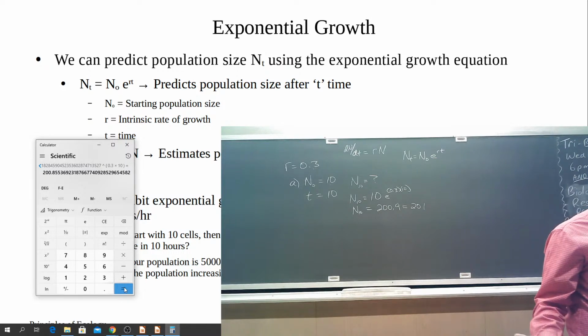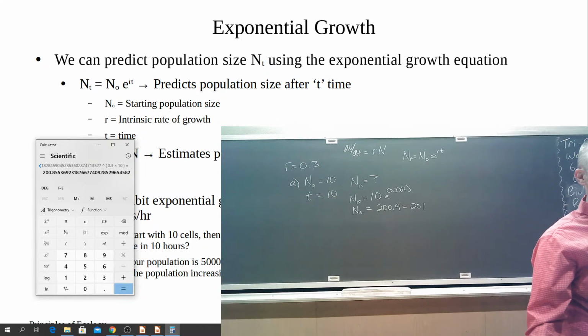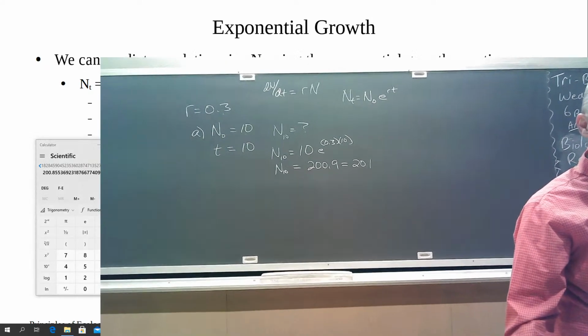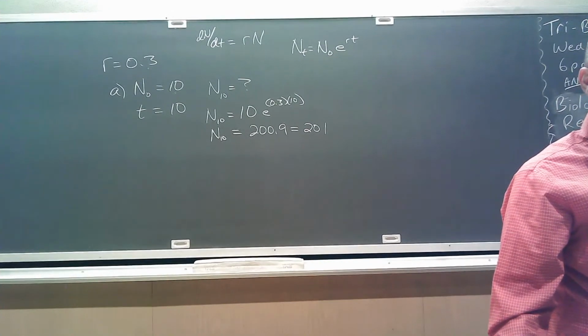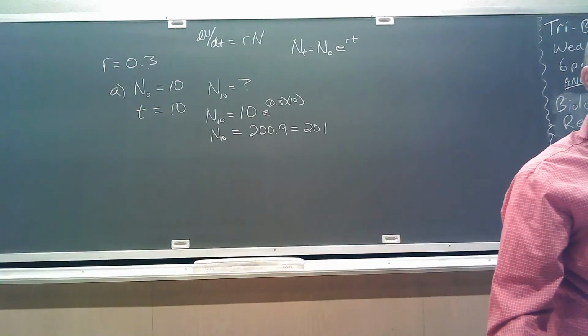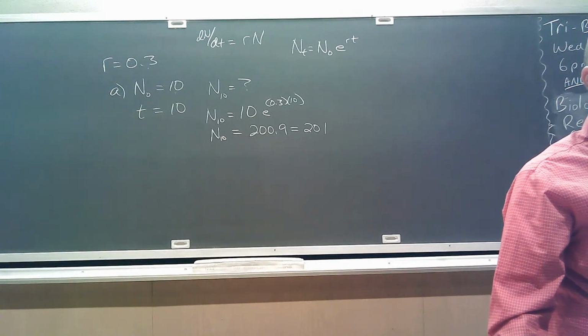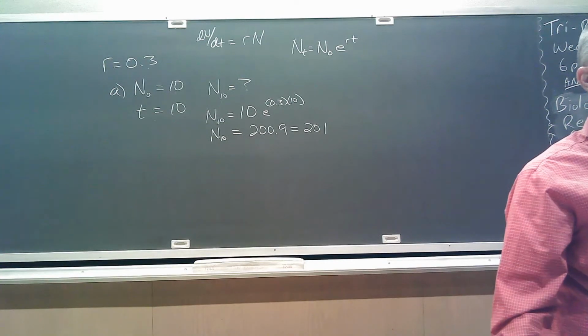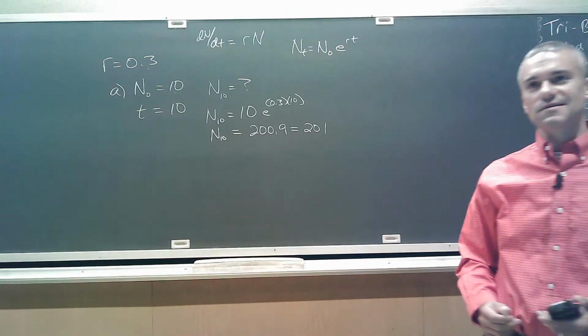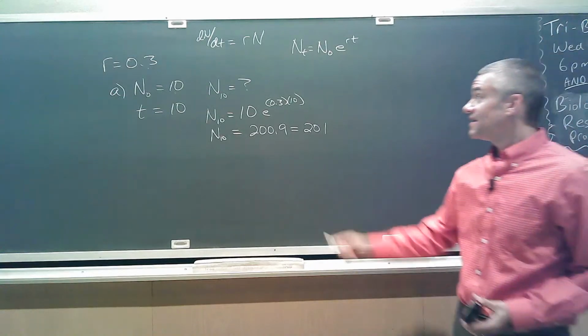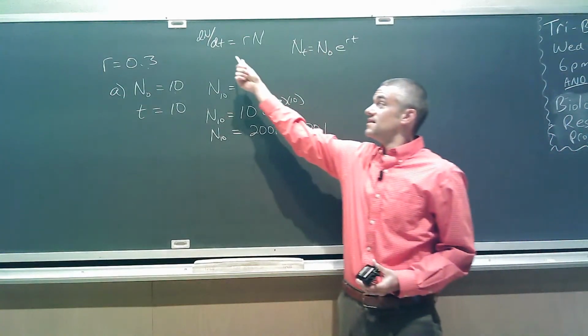Make sense? All right. Second question. When our population is 5,000 cells, then how fast is our population increasing? That is using this equation.